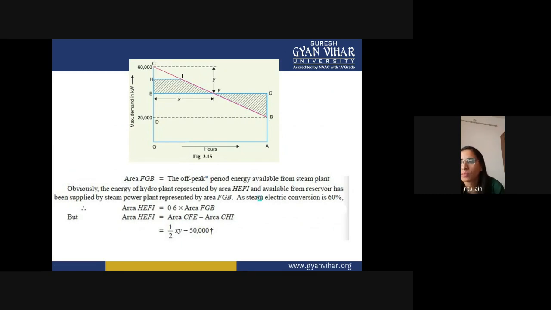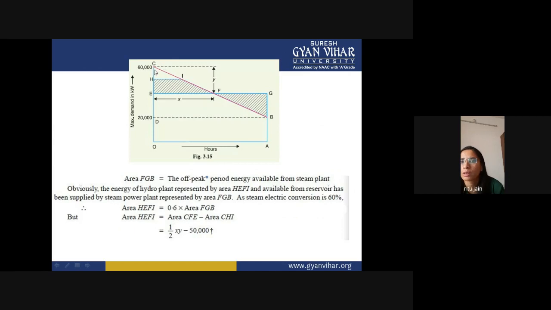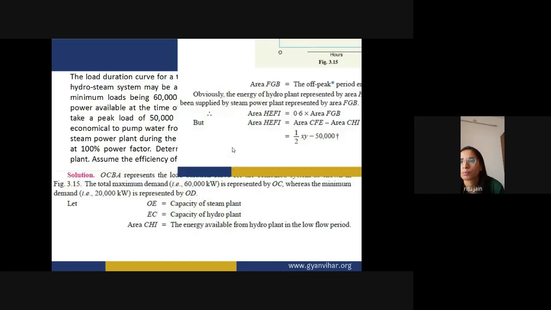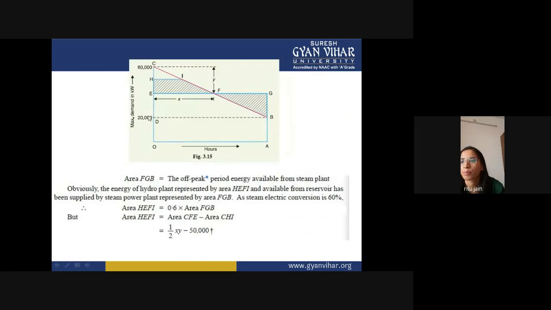Now, the total maximum demand is 60,000 kilowatt, you can see over here, and the minimum demand is your 20,000 kilowatt, which is represented by OD. This is OD minimum and CD is your maximum demand.